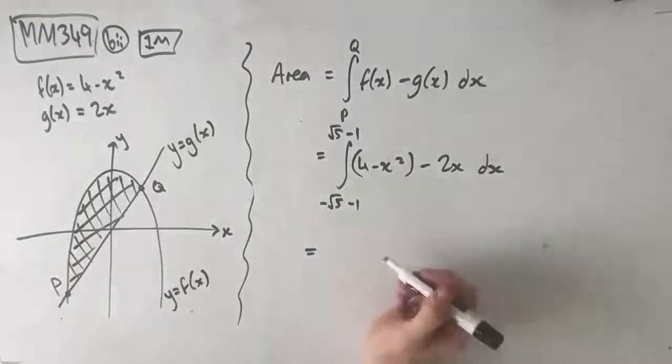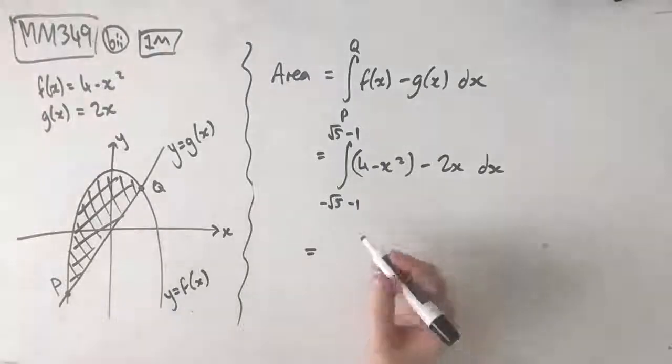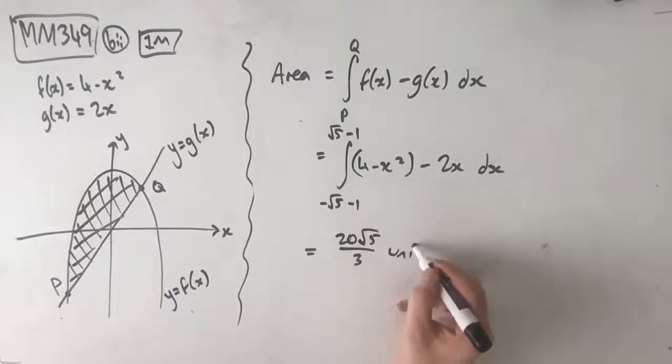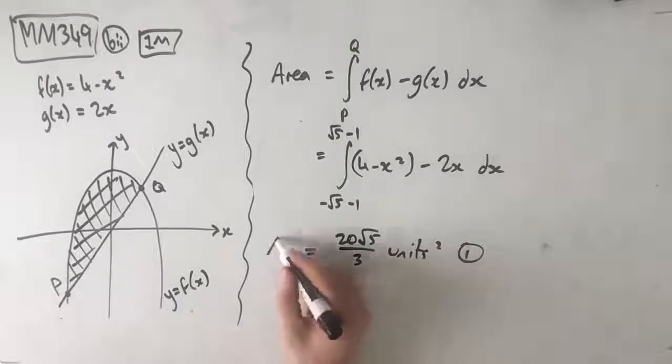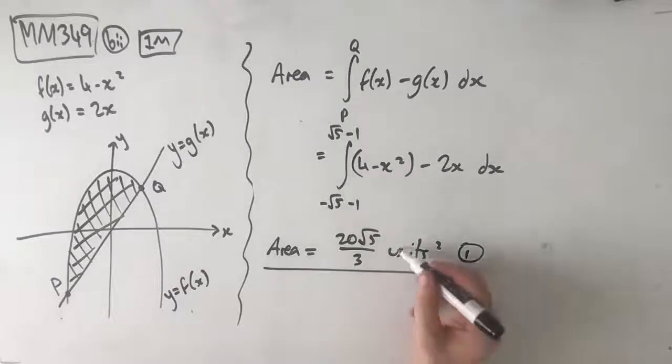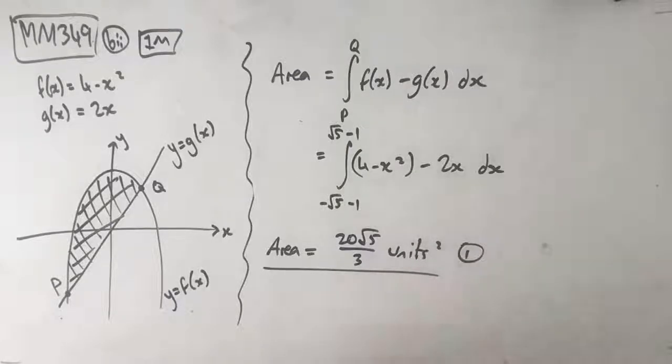We can simply plug this into our calculator, and what we get is 20 root 5 over 3 units squared. That's our first and only mark for this question. All we really need to make sure we do is that we keep it in exact form, because it didn't tell us to find decimal places, right? So 20 root 5 on 3 is our exact form, and that's it. So that's our first and final mark for that part. Let's move on to part C.